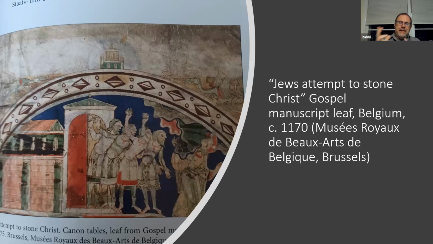Now, we're going to go back to the basic explanation, the program from Augustine for the place of Jews in Christian society, where Augustine argued that the Jews had a place in the Christian world as the witnesses to the Hebrew scriptures that is fulfilled in the New Testament and in the life of Jesus.